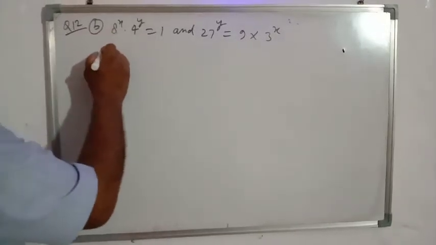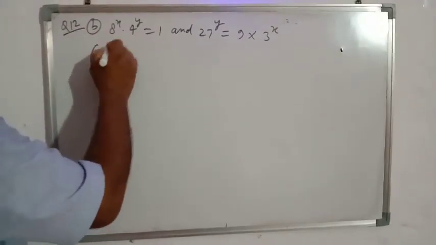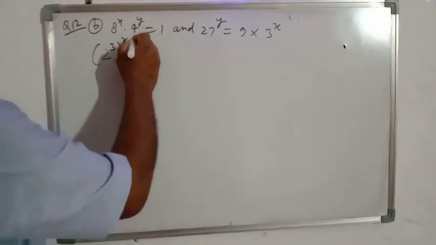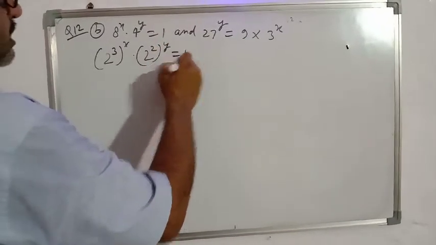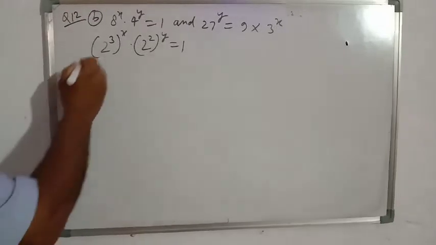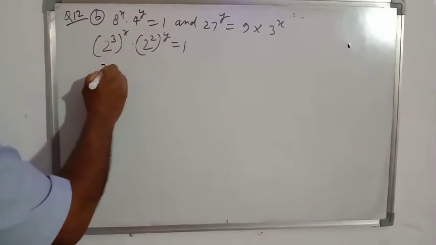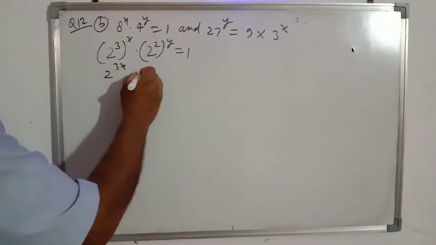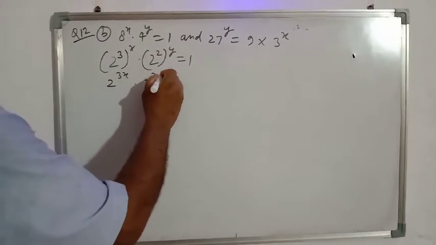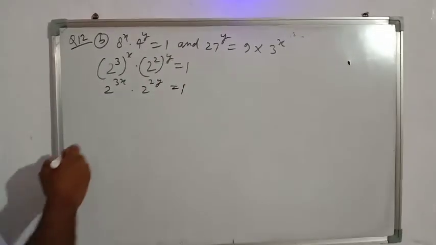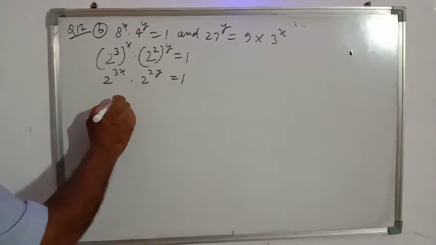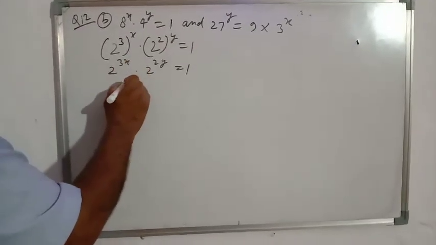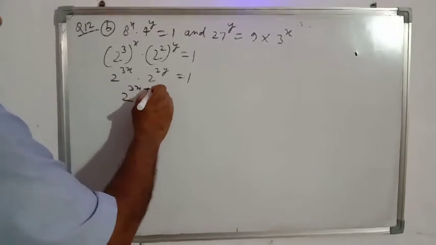So 8 can be written as 2 to the power 3, whole to the power x. 4 can be written as 2 to the power 2, whole to the power y, is equal to 1. Power to the power, we will multiply: 2 to the power 3x. Both have the same base 2 and we are multiplying, so we will add the powers: 3x plus 2y.